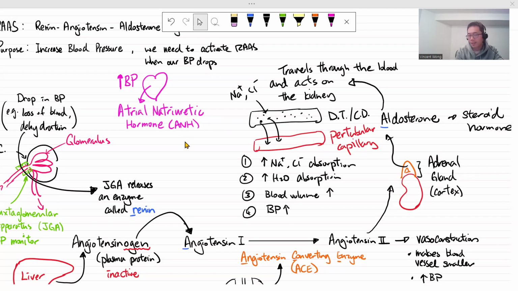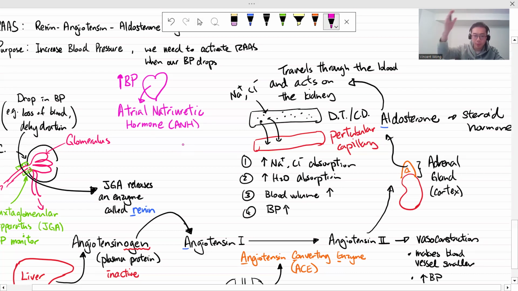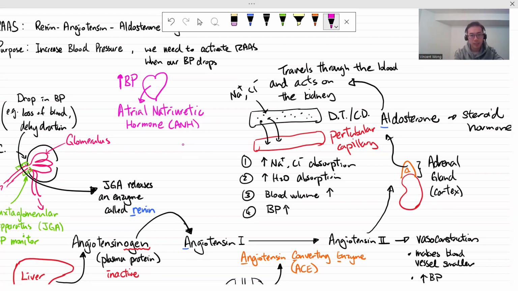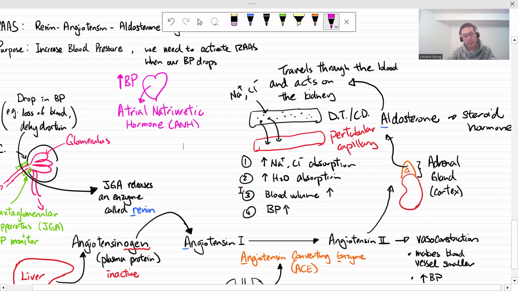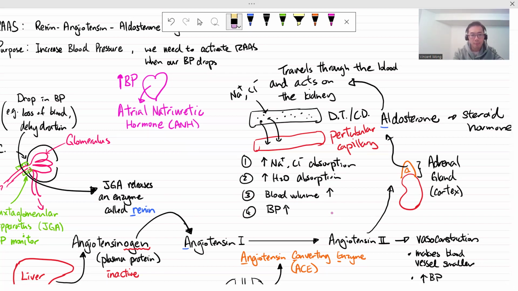So it does a couple of things to bring the blood pressure down. Let's go through the easiest one to understand first. When you want to bring the blood pressure up, the aldosterone is going to increase sodium absorption, increase water absorption, and then because you have more water in the blood, you're going to increase the volume, increase the blood pressure. But when you want to bring it down, then ANH is basically going to go to the kidney, and it's going to reverse all these things. It's going to do the opposite.